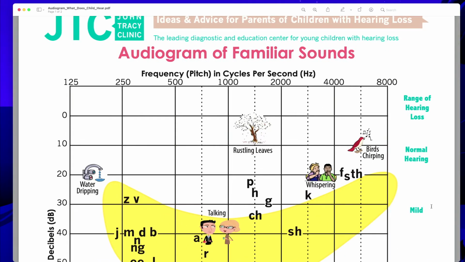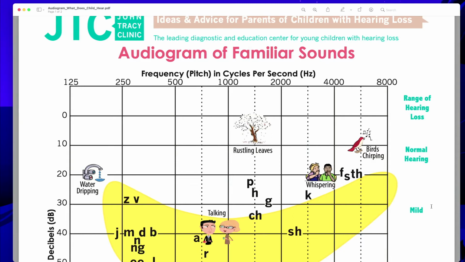Now, this audiogram is of what we would call familiar sounds and where they exist along two dimensions. Going across the top is the frequency, the pitch, meaning the cycles per second, or hertz. So you have 125, which are really low notes, and then you have 8,000 cycles per second, which is very, very high pitched notes.